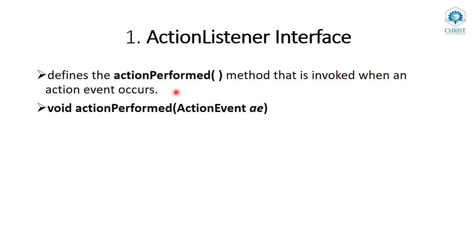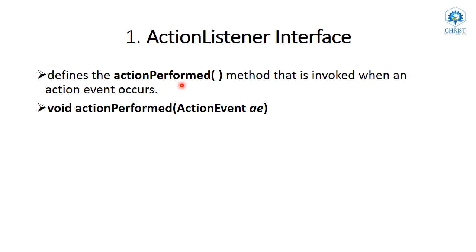So whenever an action event occurs, if this listener interface is implemented, that is, if our class has implemented this interface, and if we have registered this listener, then this method will be invoked automatically.